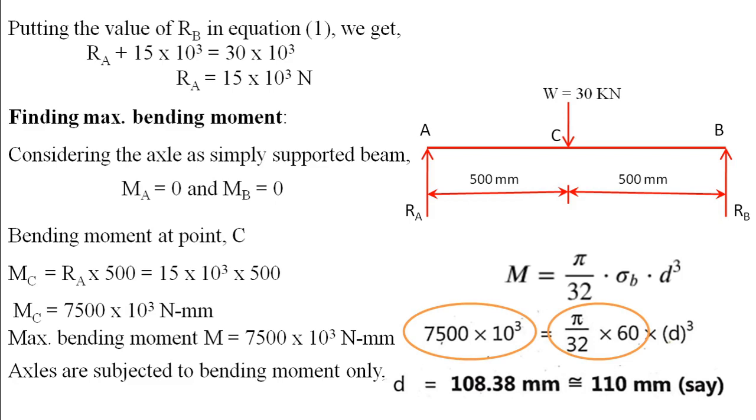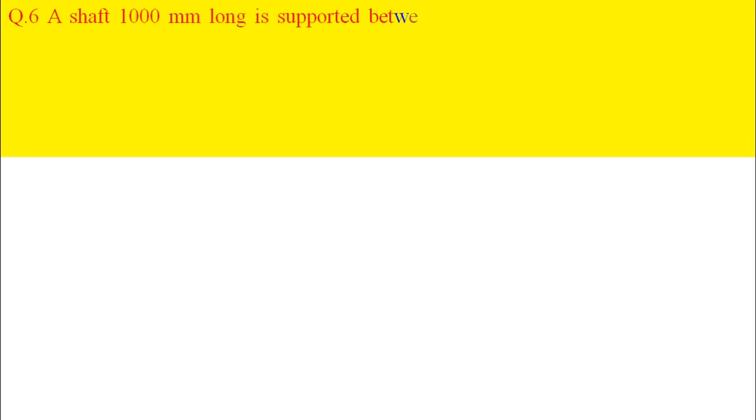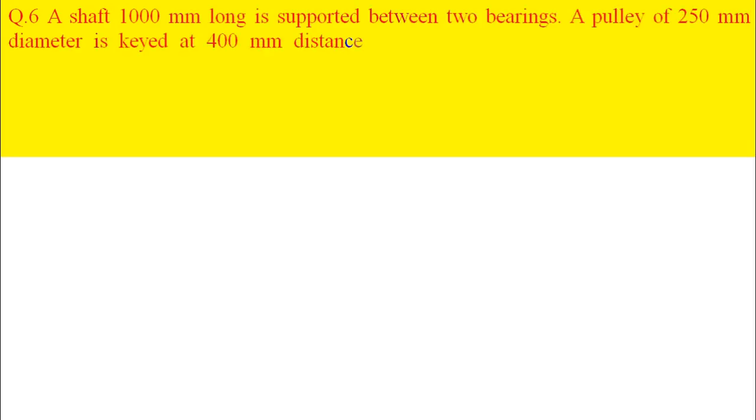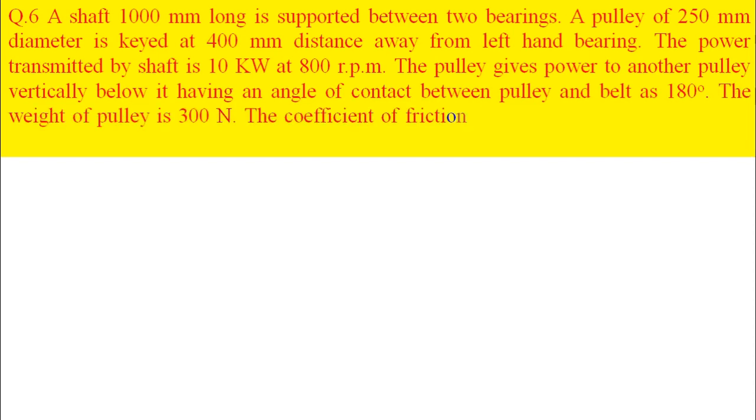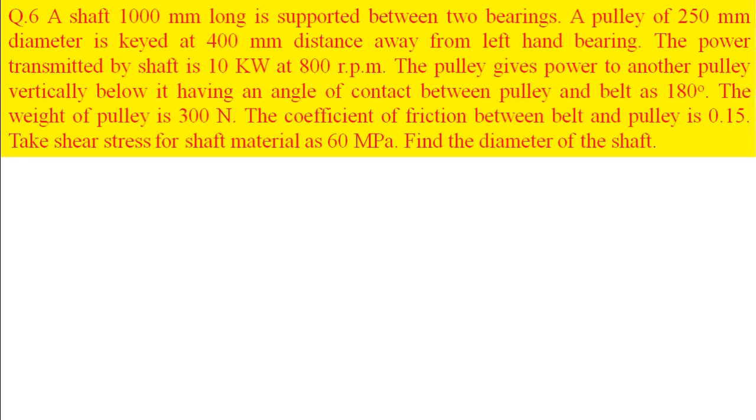Now we will see the next problem on combined twisting and bending moment. A shaft of 1000 mm long is supported between two bearings. A pulley of 250 mm diameter is keyed at 400 mm distance away from the left hand bearing.